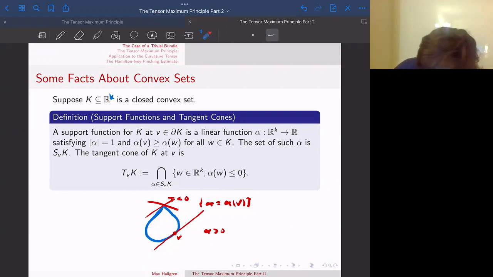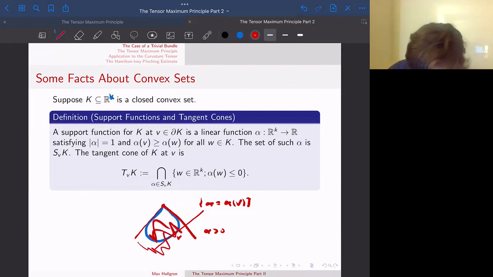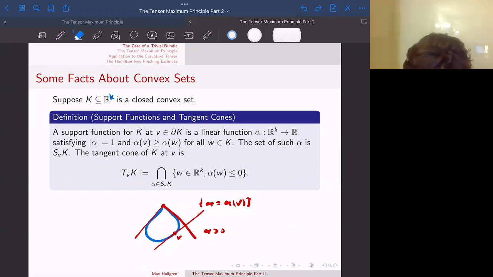So for example, the tangent cone, let me erase some stuff. The tangent cone at this point is going to look something like this. It's going to be everything in here. And then at this other point V, the tangent cone is just going to be a half space.